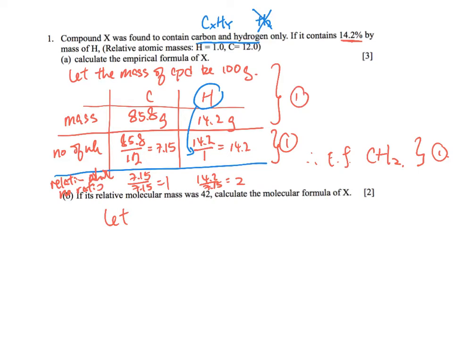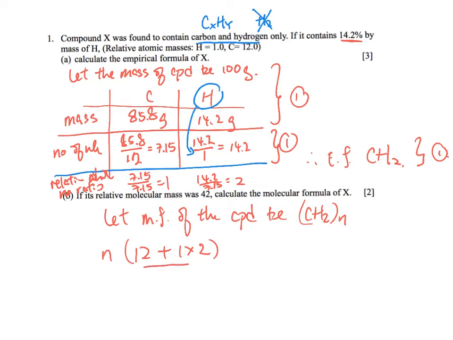And for the next one, let the molecular formula of the compound be (CH2)n, so this will be 12 plus 1 times 2, and then n. Do remember to express it clearly, right here. It will be equal to the molecular mass. So n, when you solve it, will be 3.